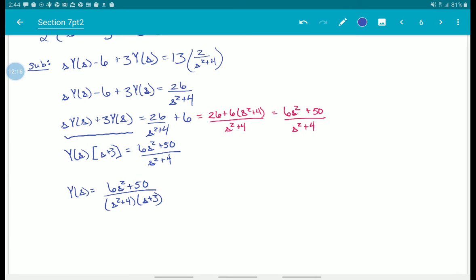So we've got to solve this because now we have to take this out of Laplace world, and we've got to go back to the real world, our regular world, our rectangular world. But to take the inverse Laplace transform, we need to do some tweaking here, and that's going to require partial fractions.